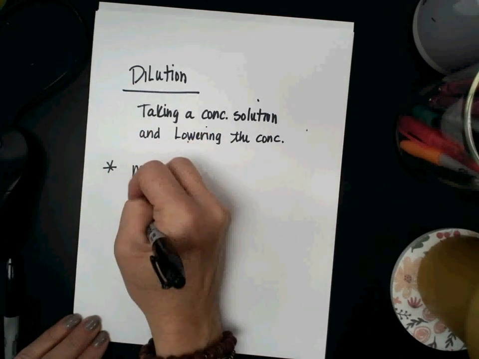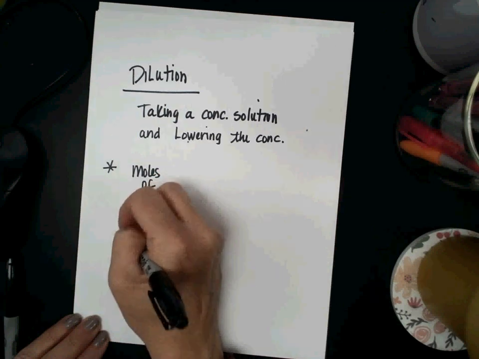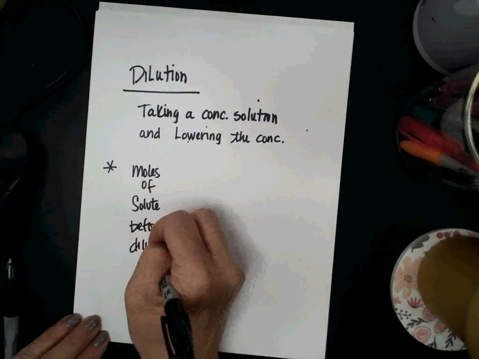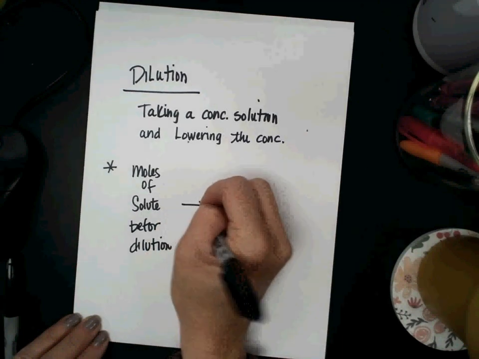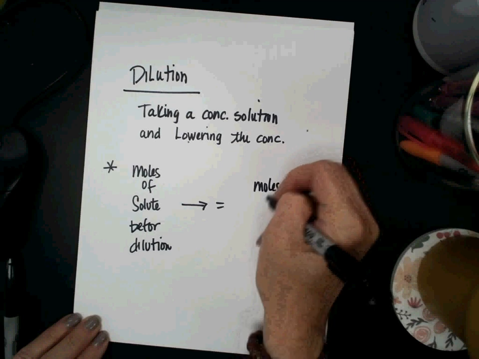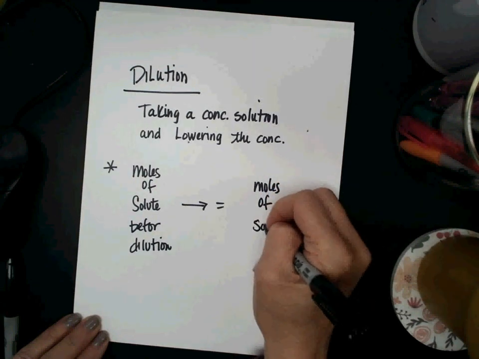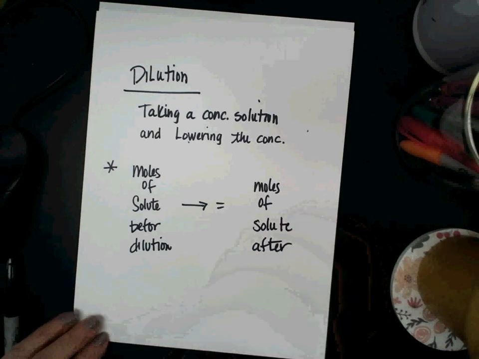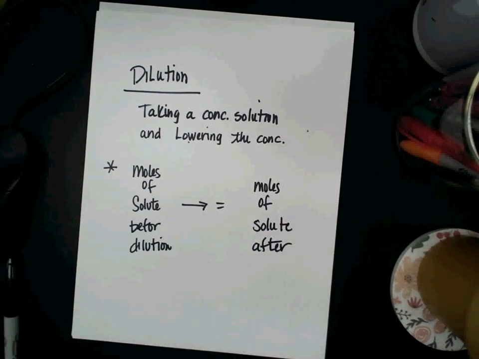The important thing to remember here is the moles of solute before dilution equals the moles of solute after. I'm going to let you write that and then we'll talk about it for just a second.